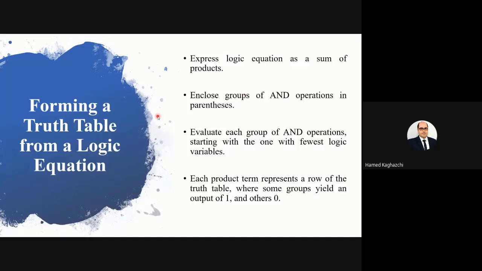Okay, now after learning about the design of logic circuits, we want to learn how we can form a truth table from a logic equation. First of all, how can we write a logic equation?